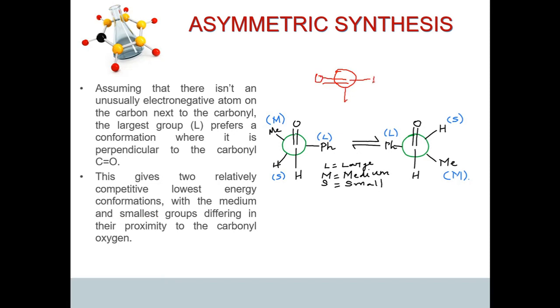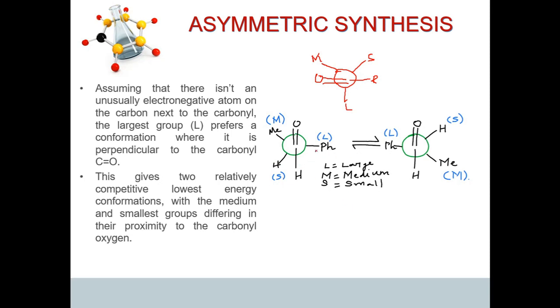We had our R group here, our large group here, our medium group here, and our small group here. The same structure can be drawn in this way, which is another way of drawing it, where we have our phenyl group perpendicular to the carbonyl carbon, our medium group at the top and our small group at the bottom.